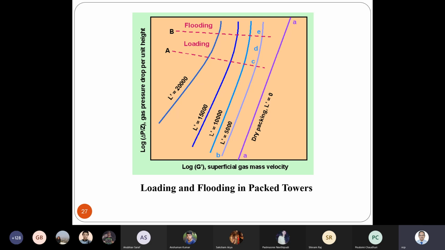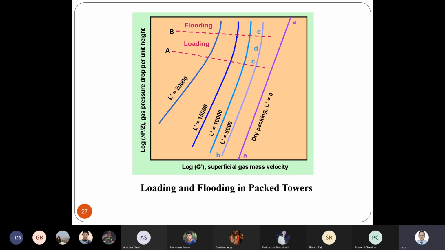So we can easily use this type of liquid. But even so, just for safety purposes, the same thing can be considered. Generally, to decide the actual velocity, we take a certain percentage of the flooding velocity. Generally, we follow the same consideration as we have used in case of tray towers.